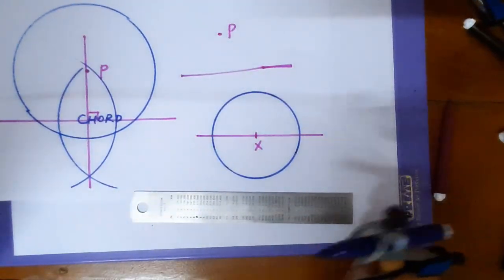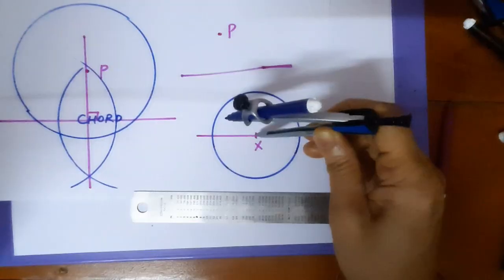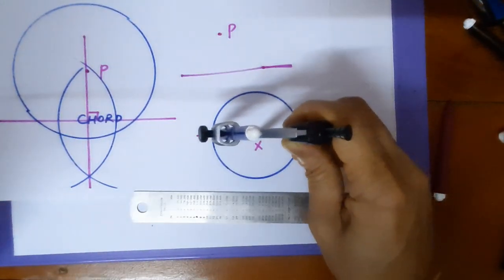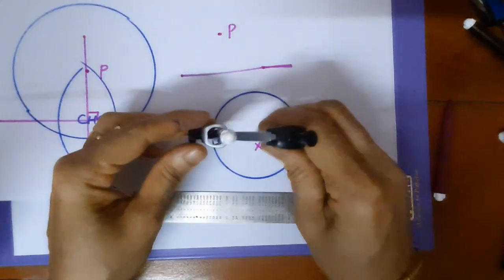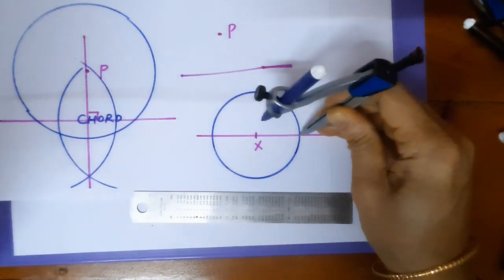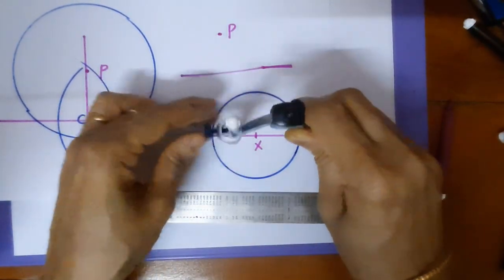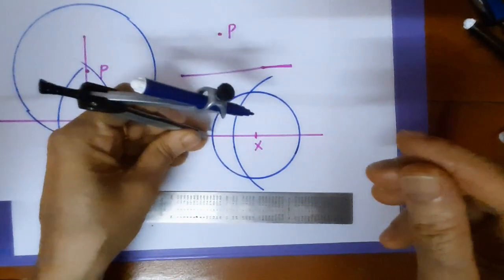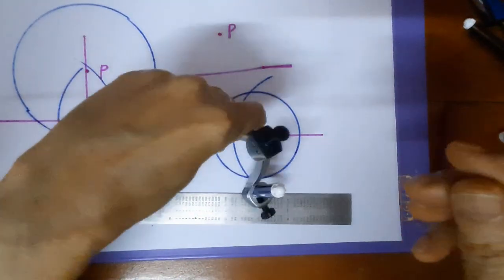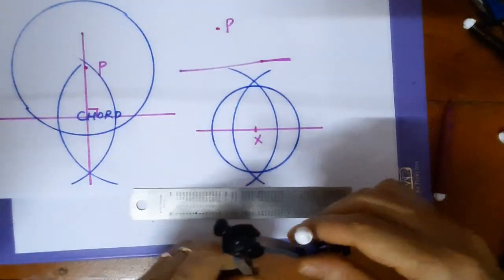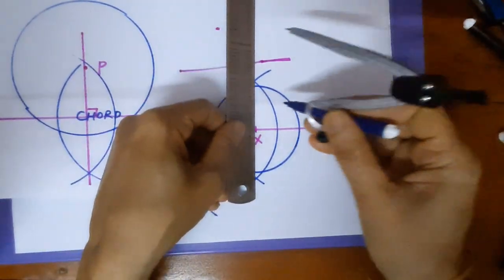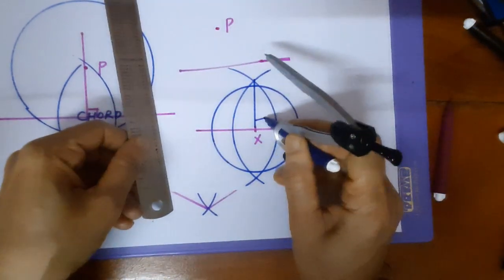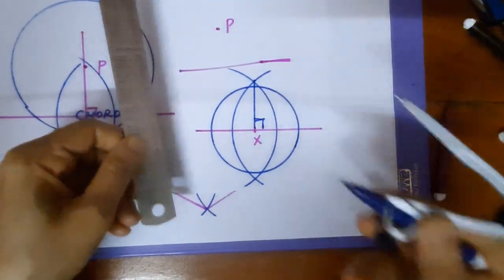Now the chord is the diameter itself and the point is the center of the circle itself. So if I bisect this diameter, what happens? The diameter is the chord now and we bisect that, we get the perpendicular. The perpendicular is obtained and that perpendicular will be making 90 degrees at the point given.